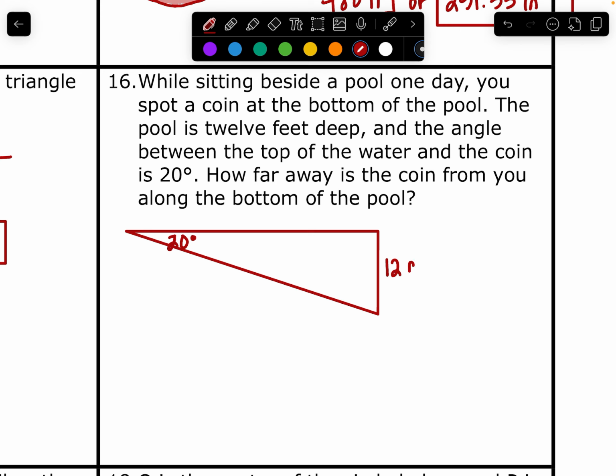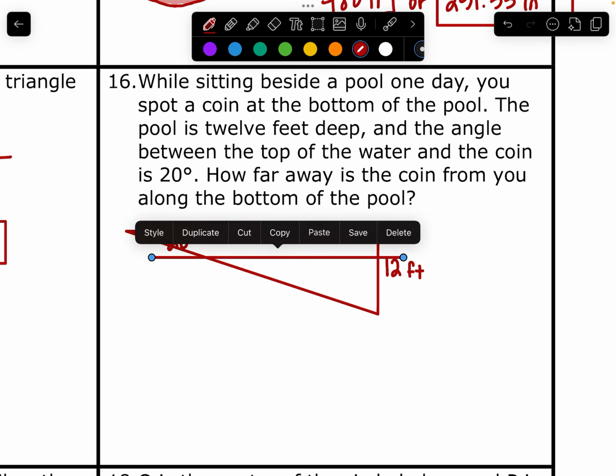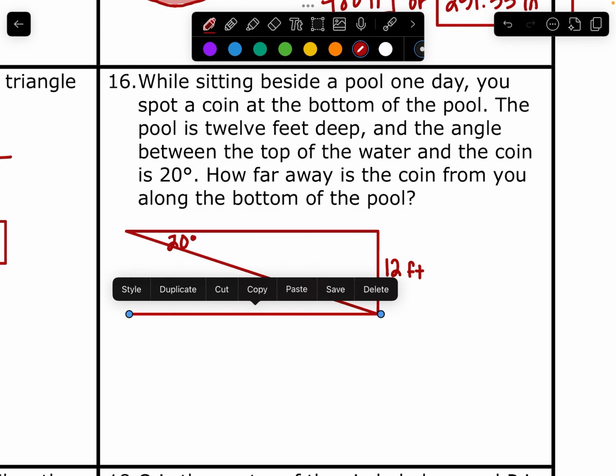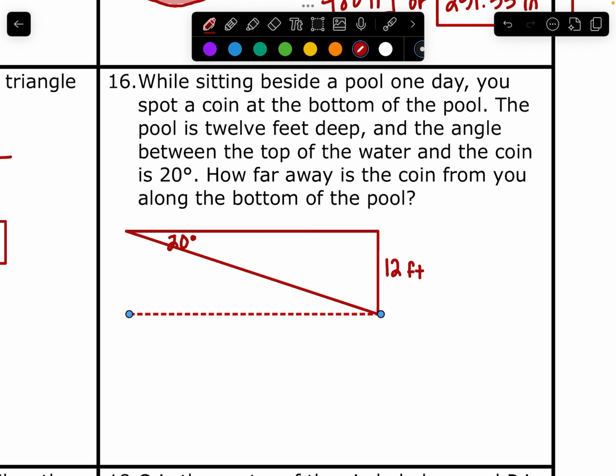The pool is 12 feet deep, and you're trying to figure out the horizontal distance between you and the coin. So I'm going to put this little dotted line down here because this is the bottom of the pool. That's what we're trying to figure out. So the x that I put on top is equal to the length of the dotted line on the bottom.